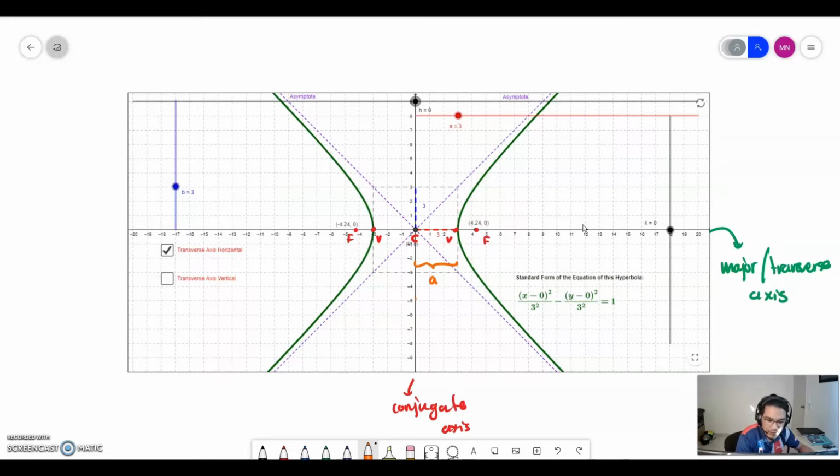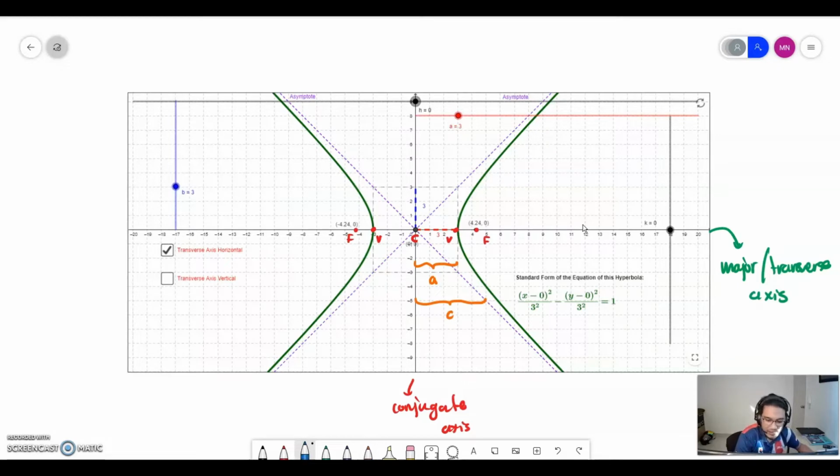Meanwhile, from the center to the focus is known as the length of c. For a hyperbola, the length of c is way longer than the length of a, compared to the situation for an ellipse. In an ellipse, as you can refer back, the length of c is actually shorter than the length of a.